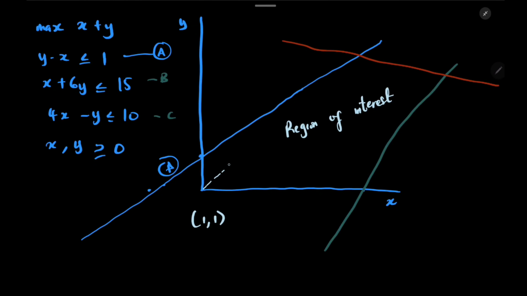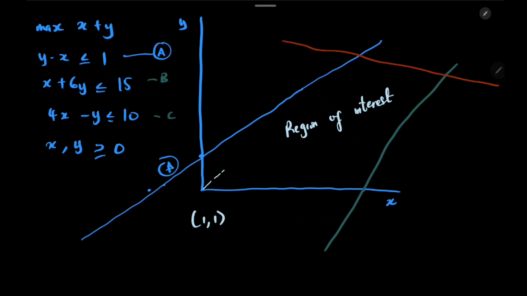So let's draw that. Let's say this is 1, 1. This graph is not very accurate, but let's say this is the point 1, 1. So we want to travel along this direction of 1, 1 to find the maximum corner, or the last point where a line perpendicular to it touches the quadrant.